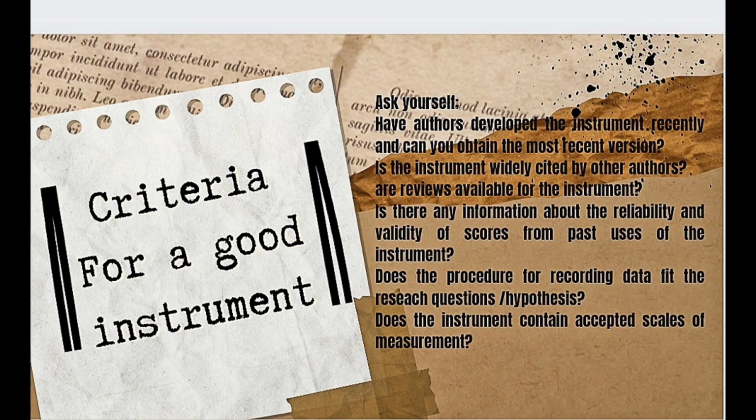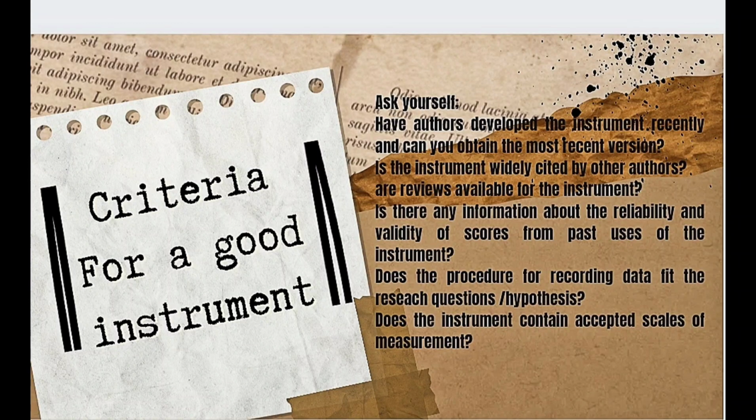Evaluate if the instrument is widely cited by other authors. Frequent use by researchers suggests its endorsement and indicates whether the questions on the instrument still provide reliable and consistent measures. So next question that we can ask ourselves is, are reviews available for the instrument? So yeah, it's about availability of reviews.